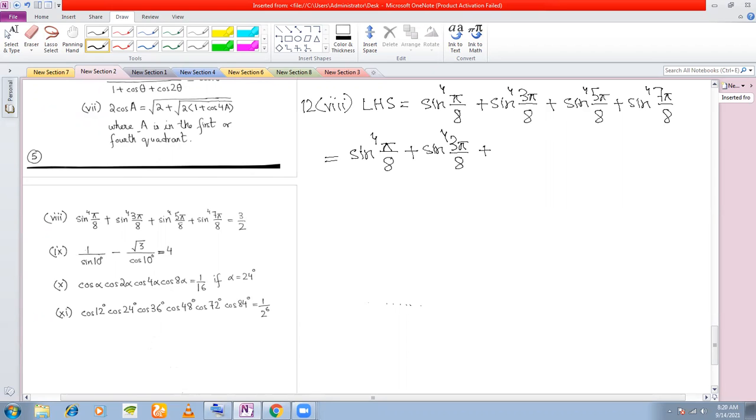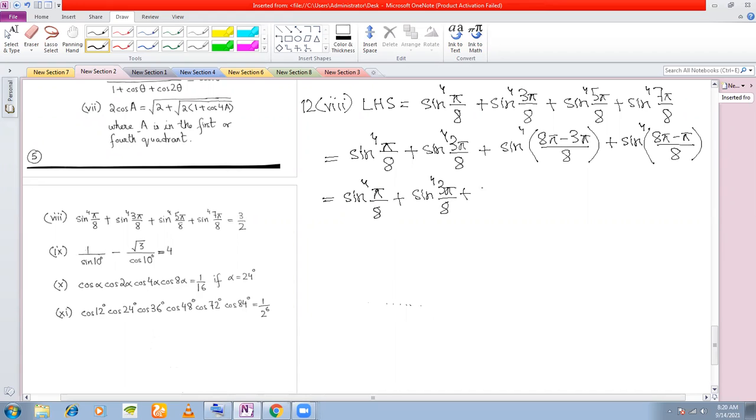Okay. So sine to the power of 4 5 pi by 8 can now be written as sine to the power of 4 of pi minus 3 pi by 8, plus sine to the power of 4 of 7 pi by 8 can be written as pi minus pi by 8.